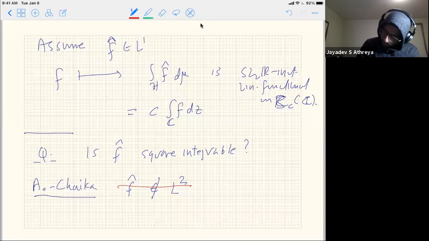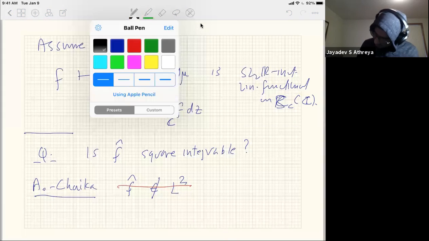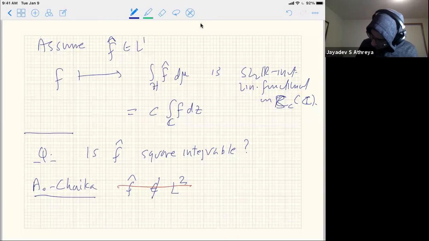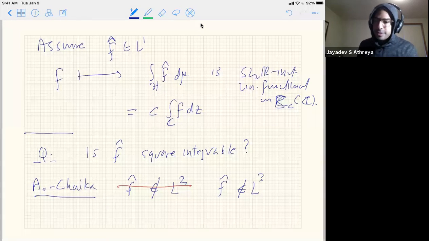Our proof of that claim, as was pointed out to us by Masur, actually only showed that F hat is not in L3. We were estimating the tail behavior of F hat.